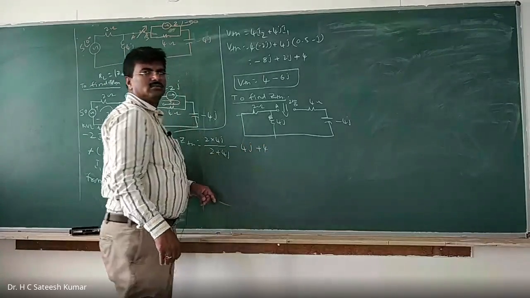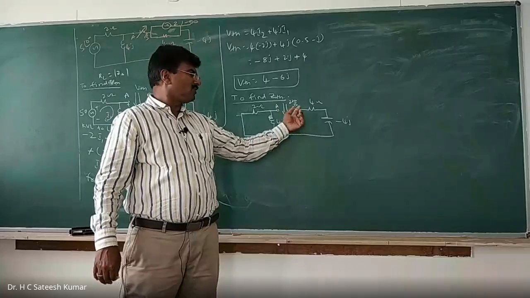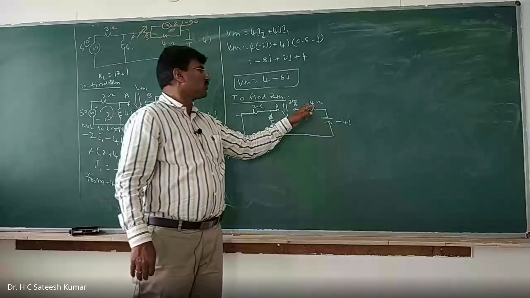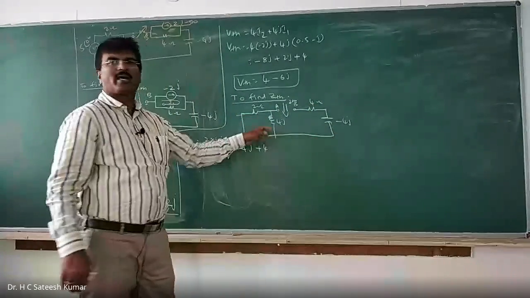That's all. For measuring the impedance, we'll have to take the whole thing. So therefore, 4 minus 4j plus these two parallel. Okay, right.